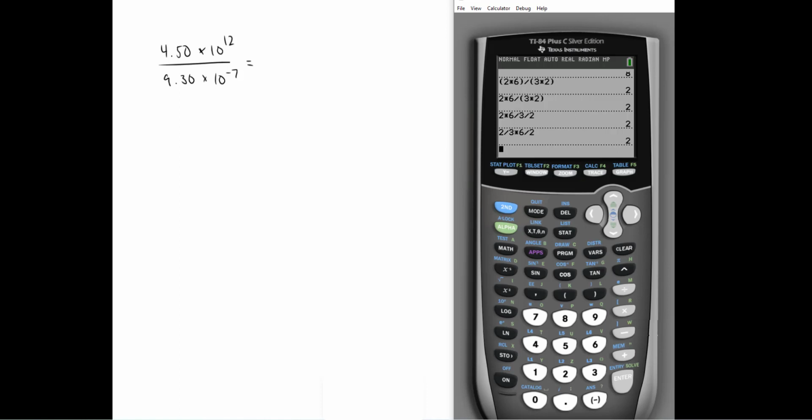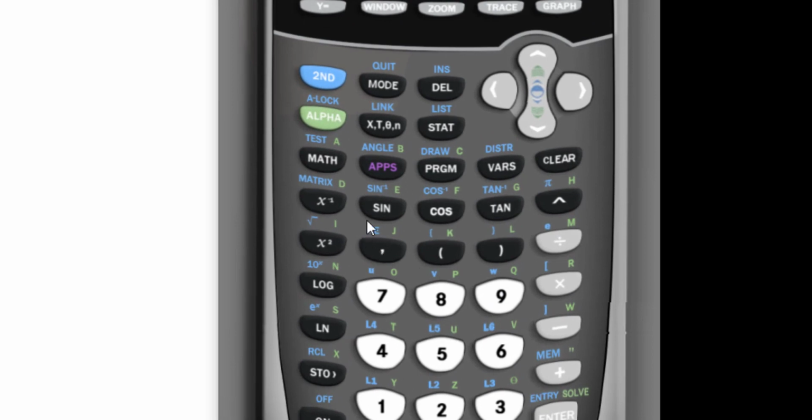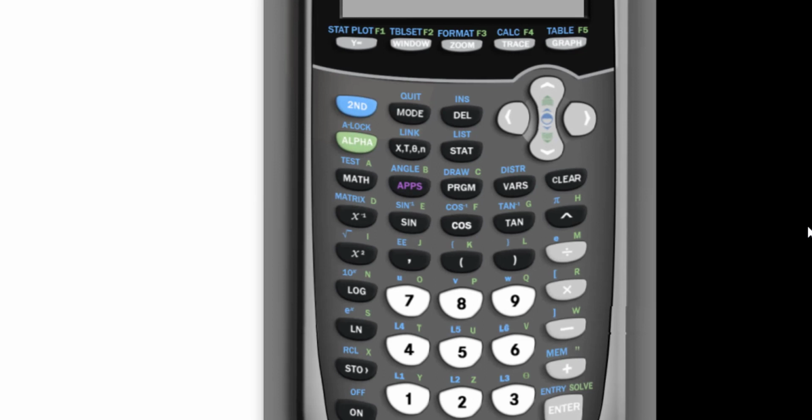All right, so I'm going to go ahead and put this into my calculator. Now remember, the key button that you're looking for when you're entering scientific notation is going to have the symbol EE on it if you're using a Texas Instruments calculator. So again, that would be on a TI calculator. It will say EE. On some other calculators, it might say EXP.